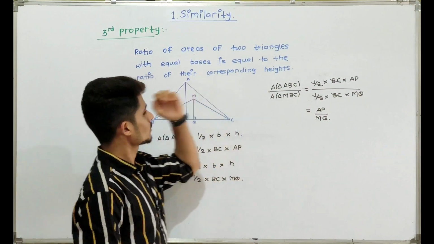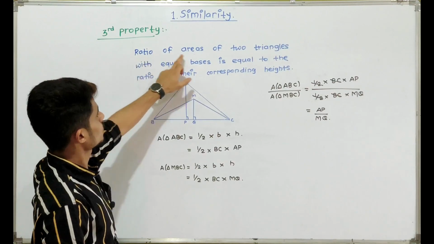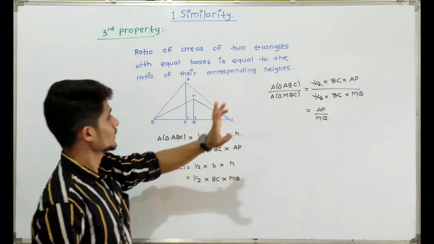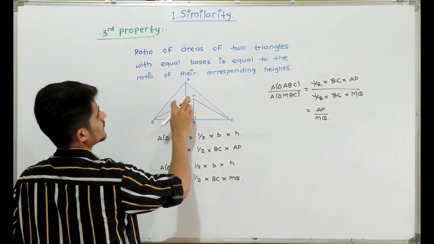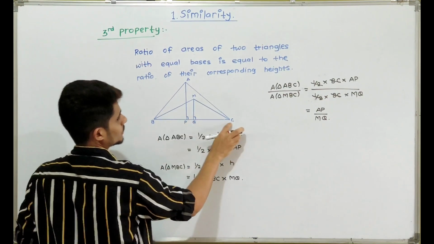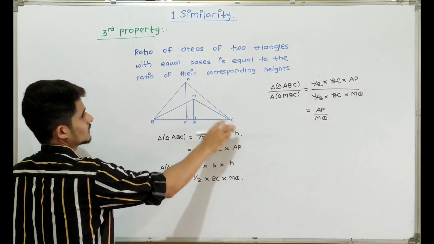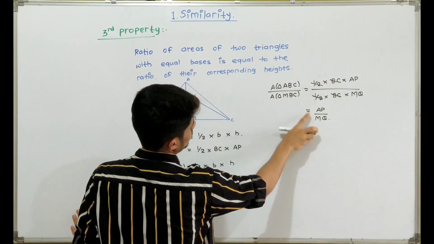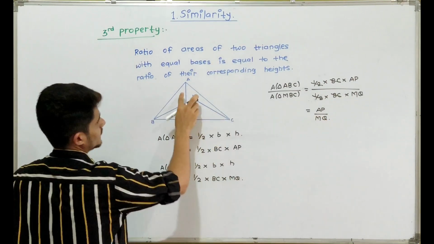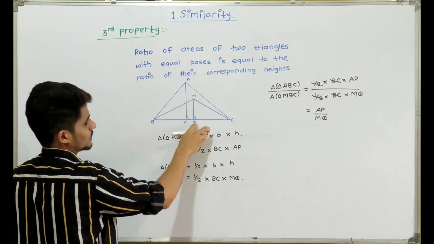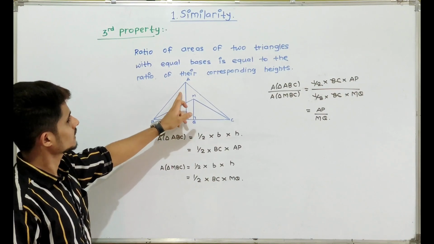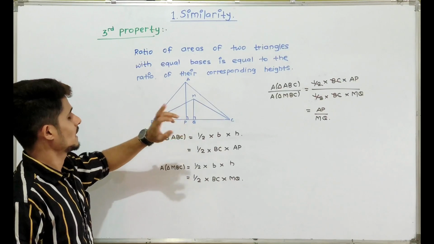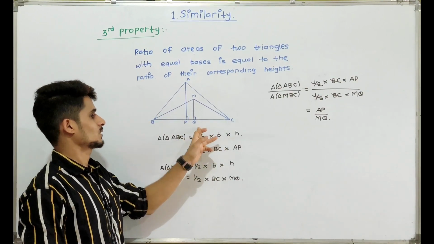So we go through the property, that is the ratio of areas of two triangles with equal bases. Now you can see in both triangles we have equal base, that is base BC. So the ratio of the areas is equal to the ratio of their corresponding heights, that is AP upon MQ, where the height of triangle ABC is AP and the height of triangle MBC is MQ.